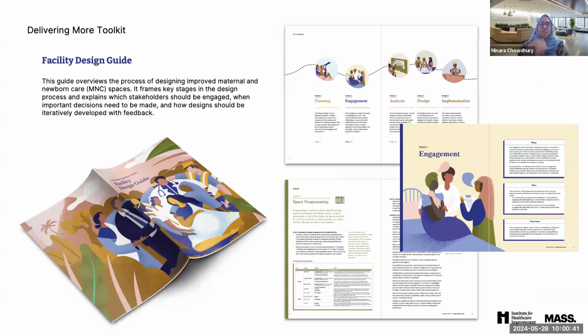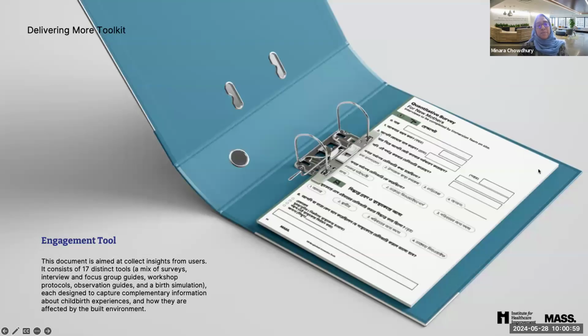The facility design guide goes through the stages of a design process and explains which stakeholders should be engaged when. All of the space programming is included there, so a lot of technical information is certainly included.